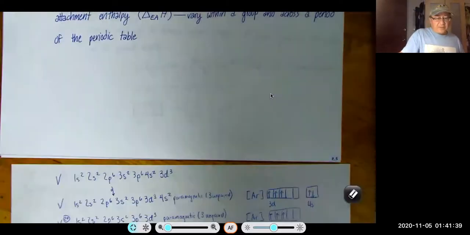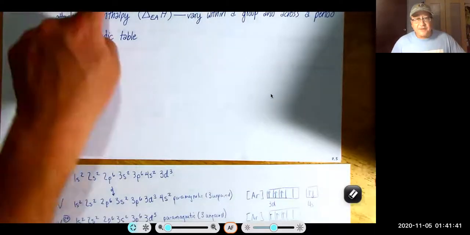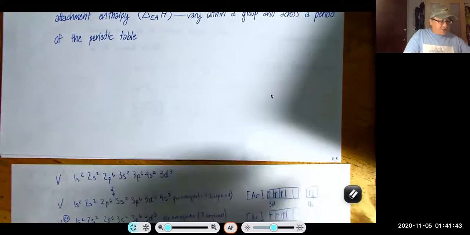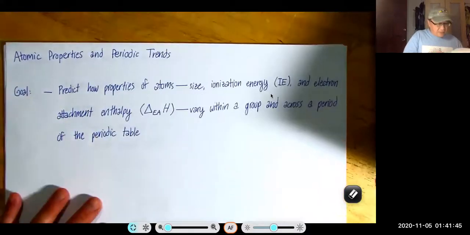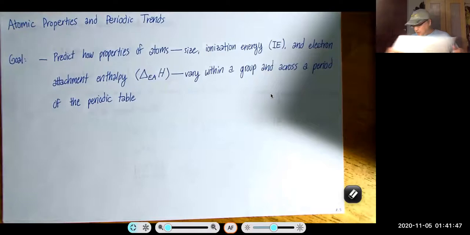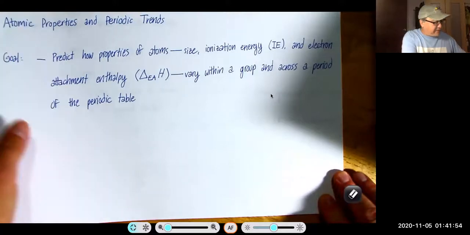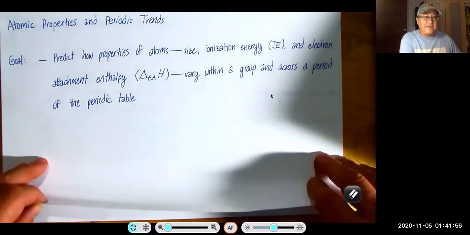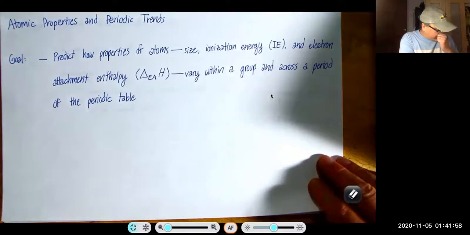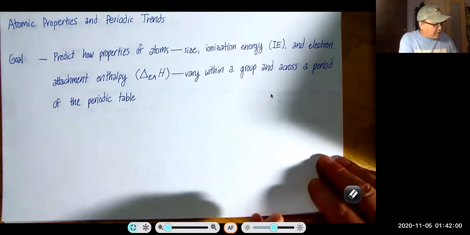So the next topic we'll be looking at is atomic properties and periodic trends. As you can see here, it's a rather long subject, so the next lecture is going to be a little bit on the lengthy side. But for atomic properties and periodic trends, just as a preview, we're going to be looking at 4 properties.